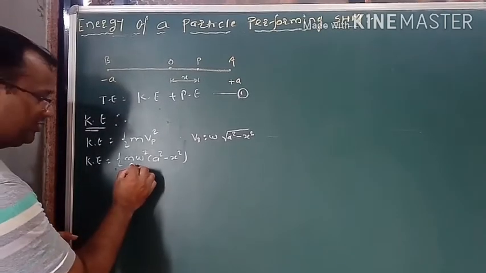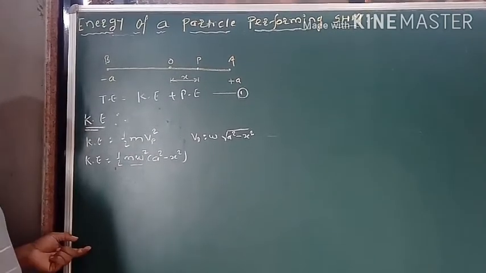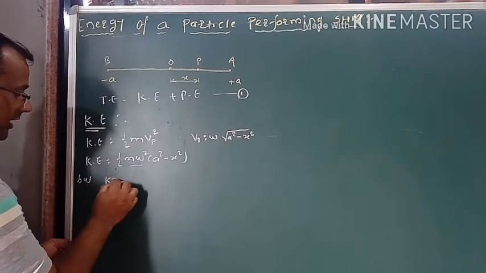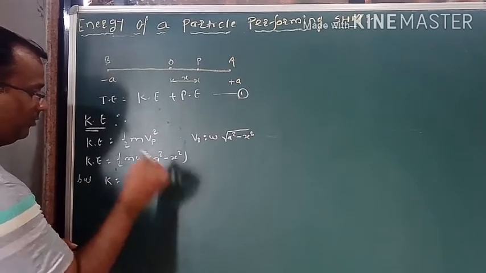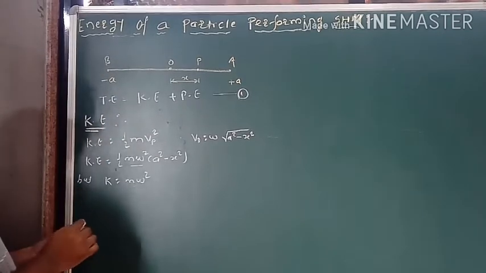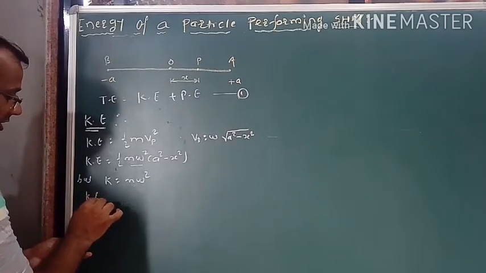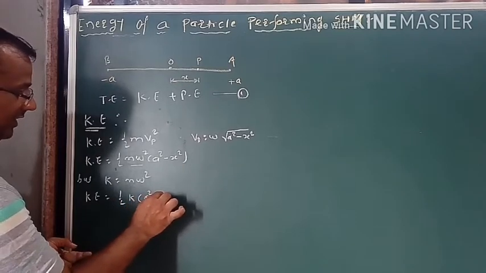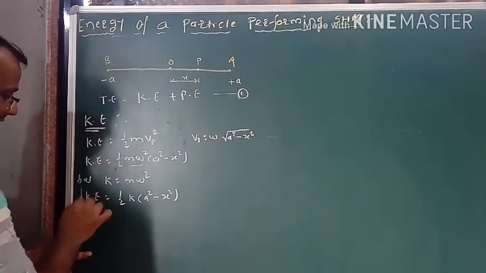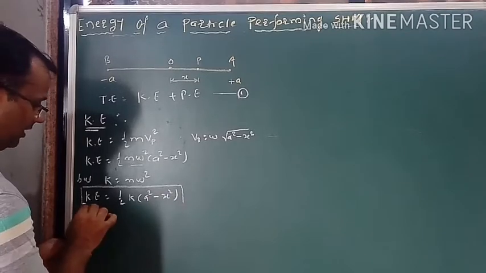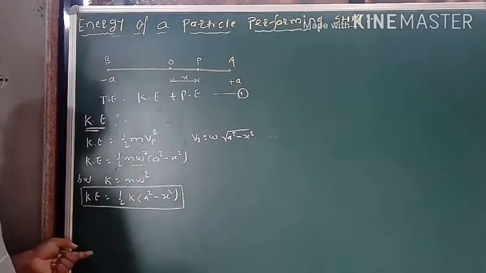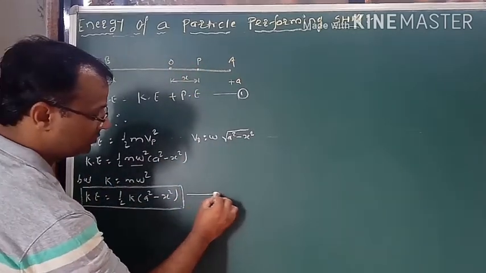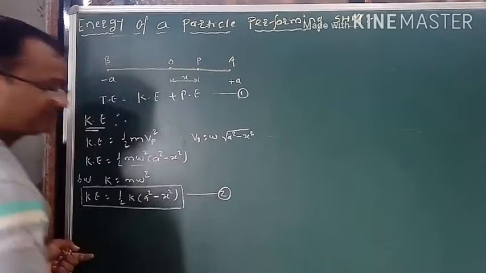Again, instead of m omega square, we substitute the value k, because k is equal to m omega square. Now substituting this value, kinetic energy is equal to half of k into a square minus x square. Right? So this is the value of kinetic energy of a particle performing simple harmonic motion at point P. Suppose this is equation number 2.